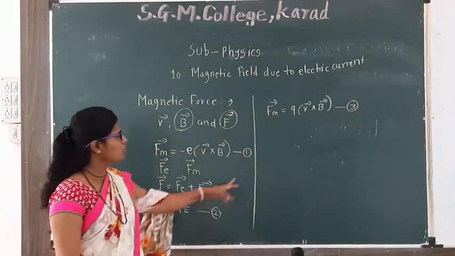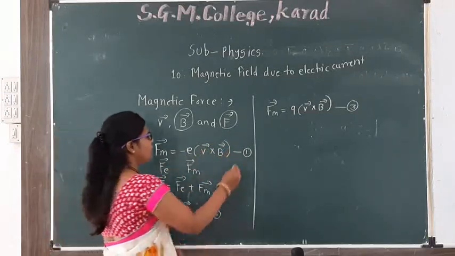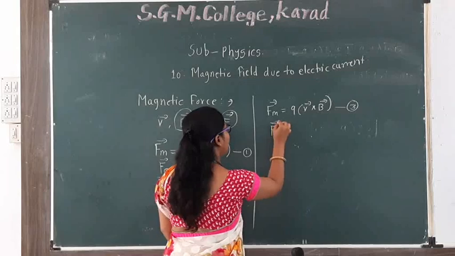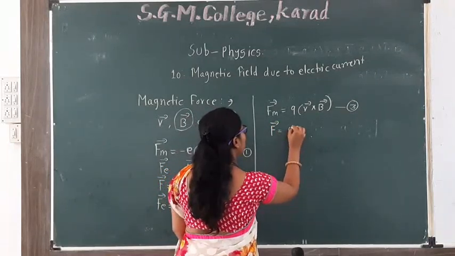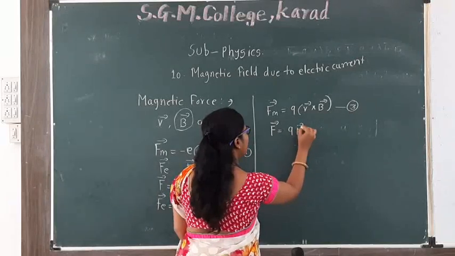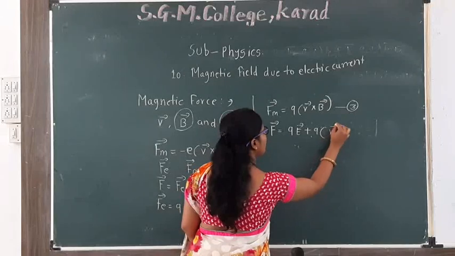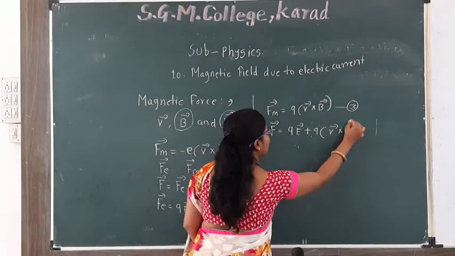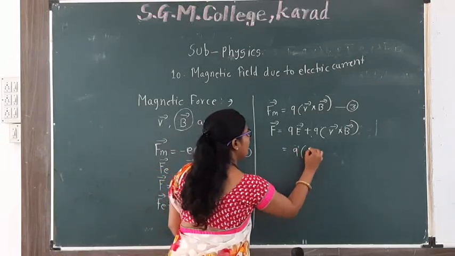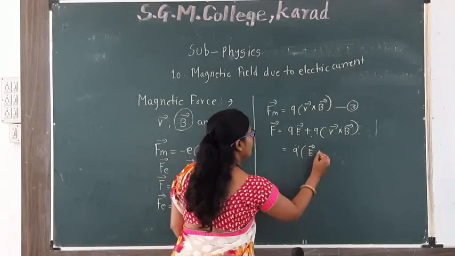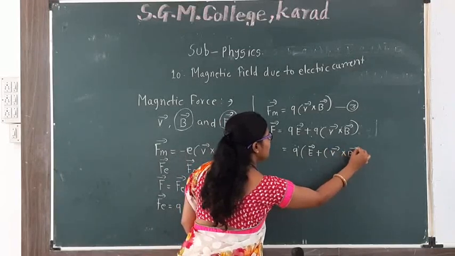Substituting these two values Fe and Fm, we get the total force F equal to Q vector E plus Q in bracket V cross B. The common term is Q, so F equals Q in bracket vector E plus vector V cross vector B.